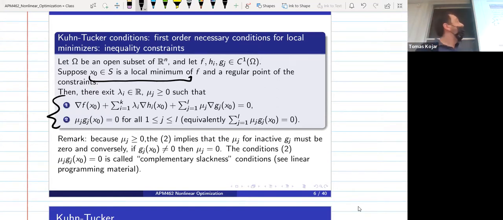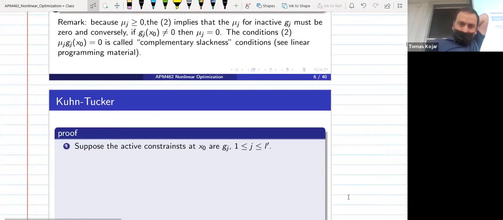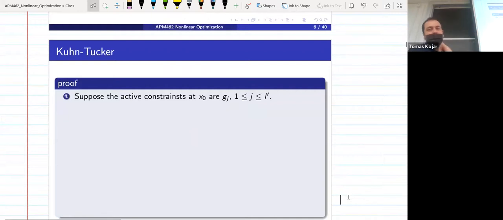When there were no inequality constraints, we called it Lagrange multipliers. So think about this theorem as Lagrange multipliers, but for inequality constraints. We only care about the active ones.